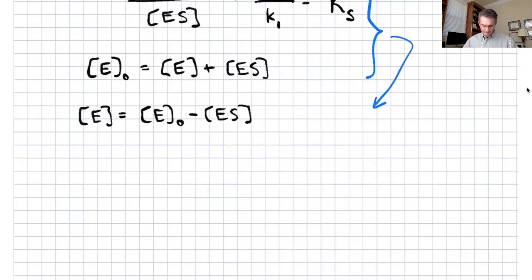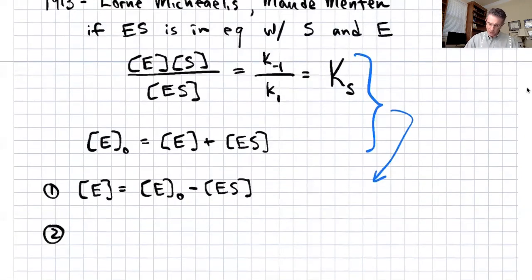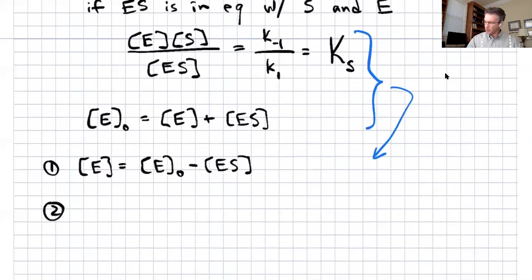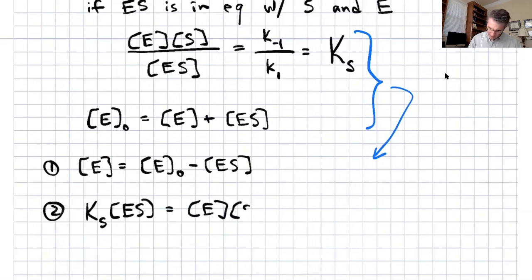I'm also going to rearrange my expression for the enzyme substrate complex: multiply through, so K_S times the concentration of ES has to simply be equal to the concentration of E times the concentration of S. Straightforward.